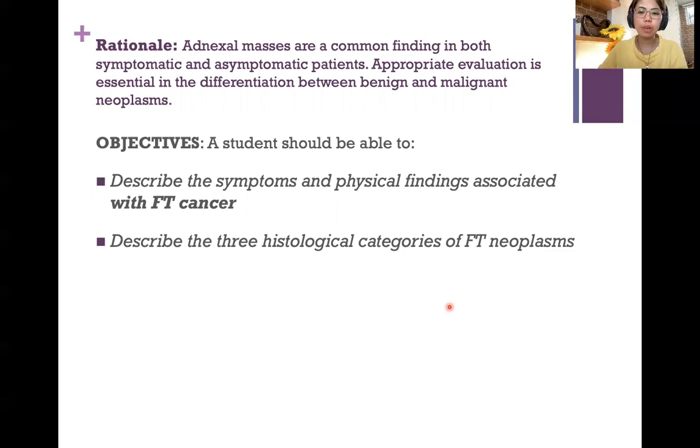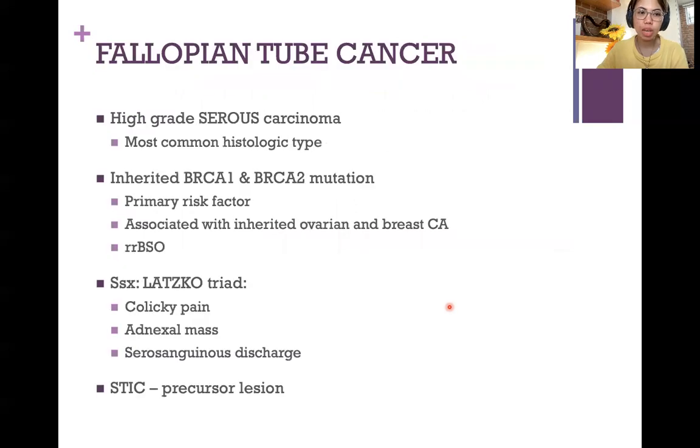Now, fallopian tube, very short. High-grade serous carcinoma is the most common histologic type, same with the ovaries. There is an inherited mutation of the BRCA1 and BRCA2 genes, and these are the primary risk factors for fallopian tube cancer. This is associated with inherited ovarian and breast cancer. I said already earlier, gene mutation, familial in pattern of spread.